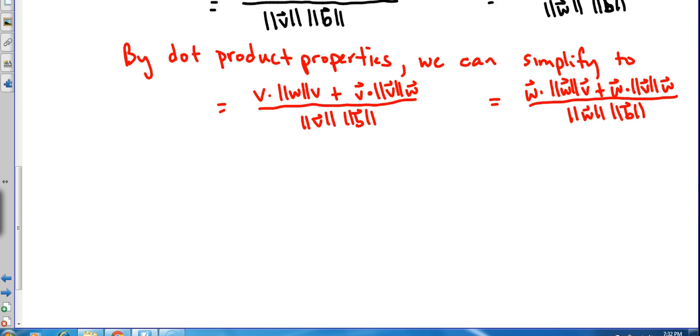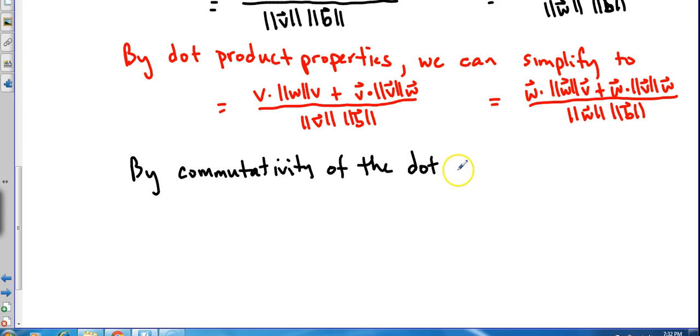And we've got v dot v, and we know what that is, and we've got w dot w, and we know what that is. So we're going to use that property again, using the property of dot products. Just add a little statement so people know what we're doing here.